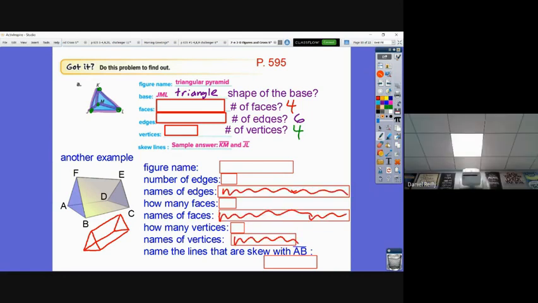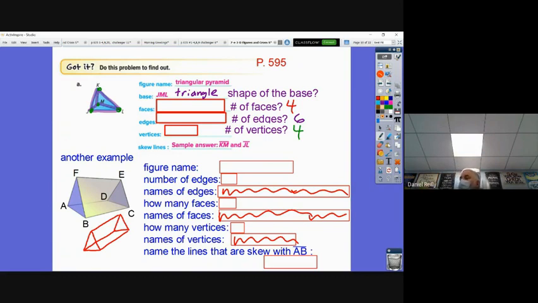What is this called? It's a prism. And the shape of the base tells you what kind of prism. Is the base of this prism a rectangle? Yeah, this is the tricky one, right? The base is not the one that's on the bottom.